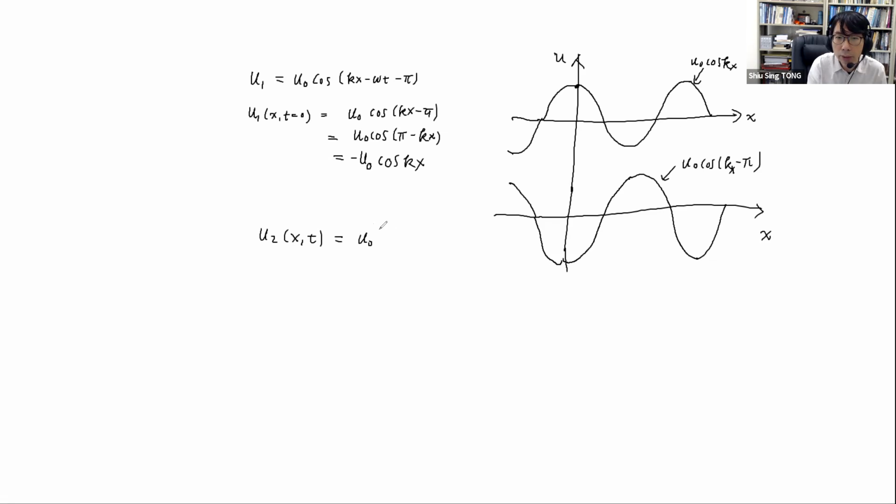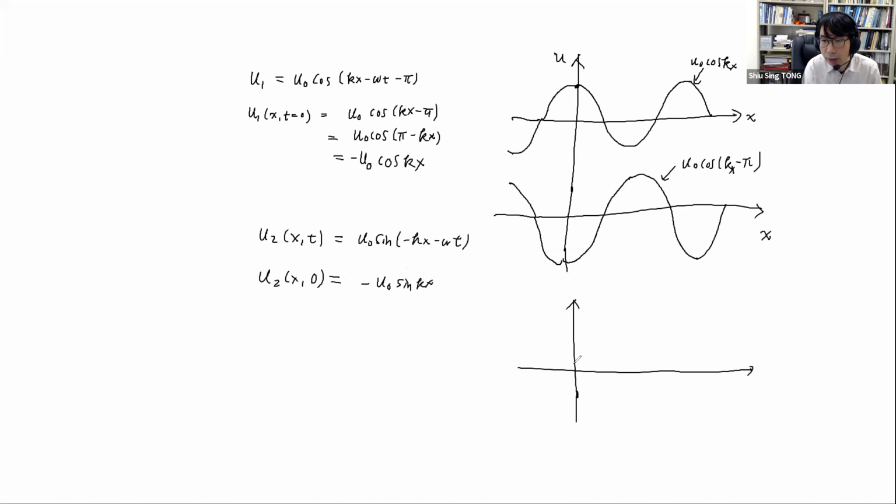U naught sine(minus kx minus omega t). How about this? Now, at time 0, it becomes minus u naught sine kx, right? So it becomes something like this.